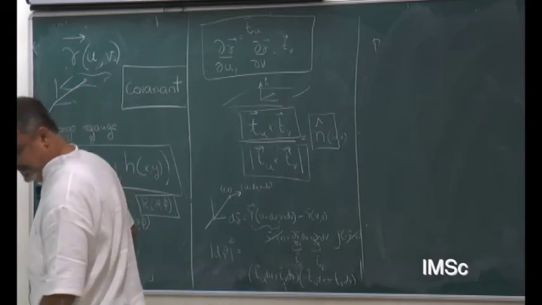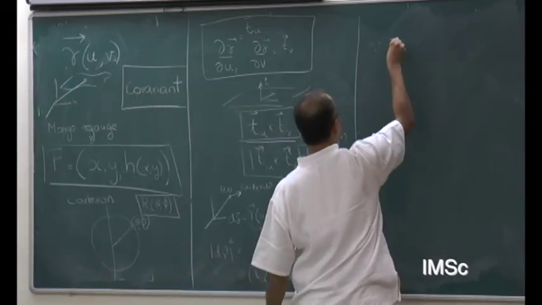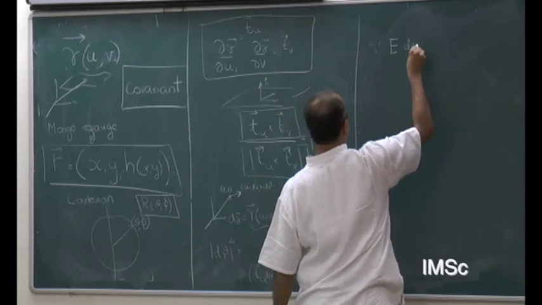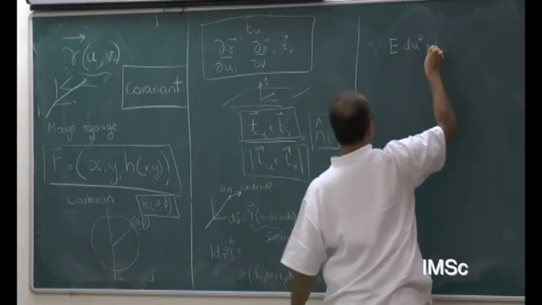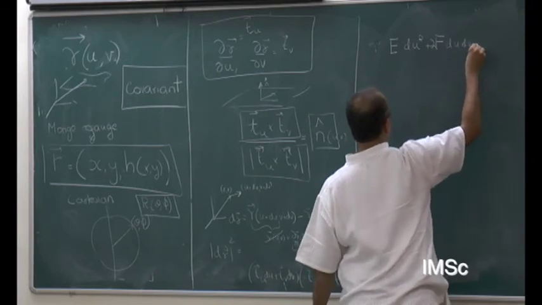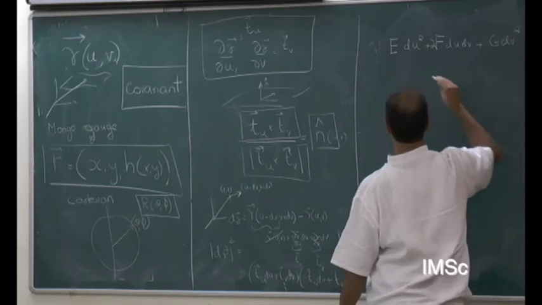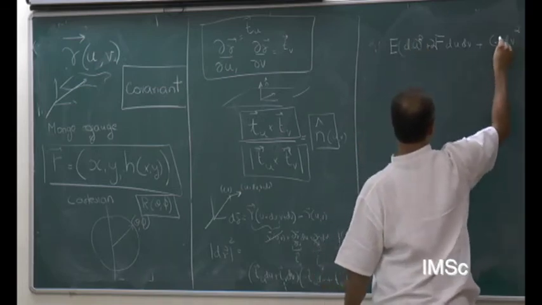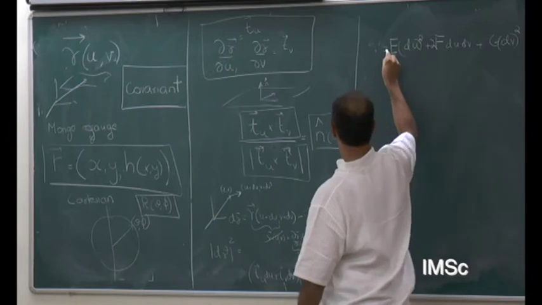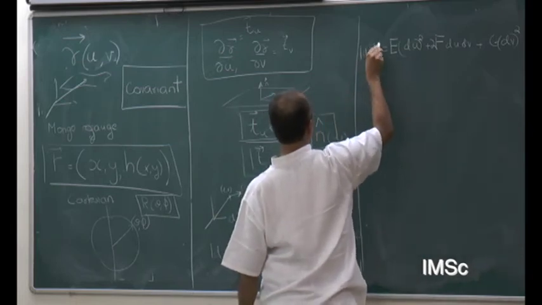So this I can write as E times du squared plus twice F times du dv plus G times dv squared. And this quantity here is just mod of dr squared.